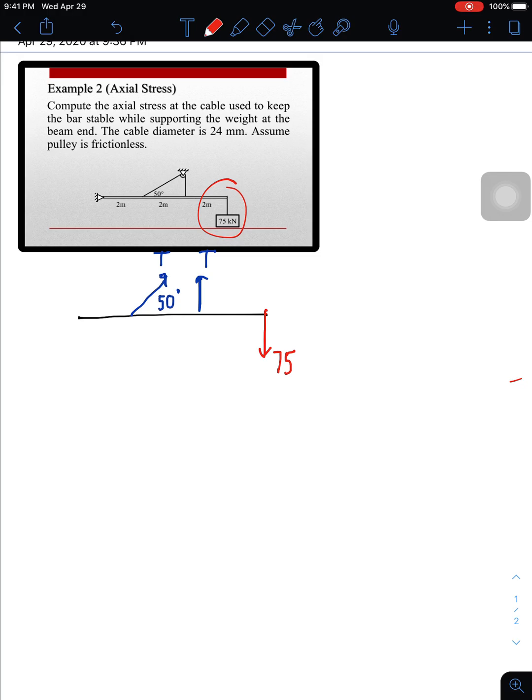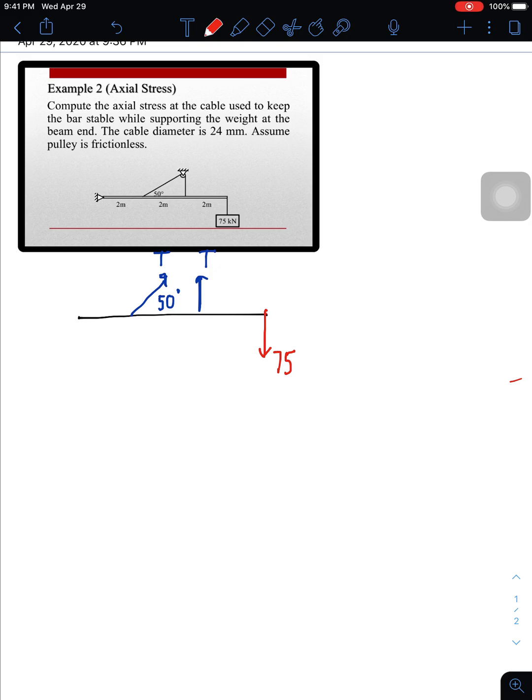It is as if it is pulling downward because of its weight. The weight is always directed downward. So you have 75 kilonewtons.